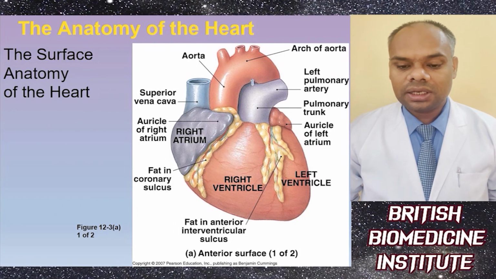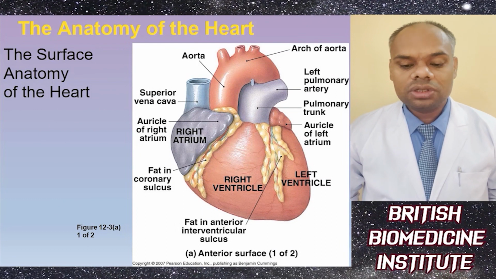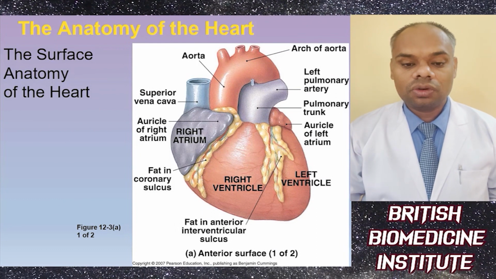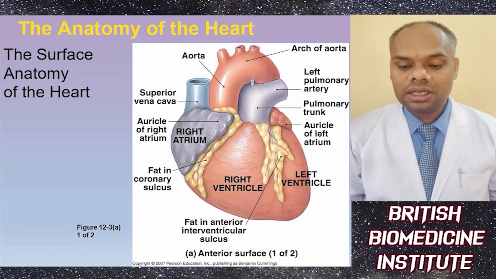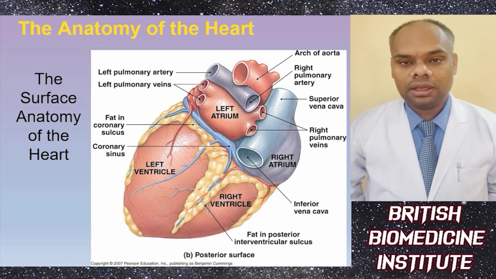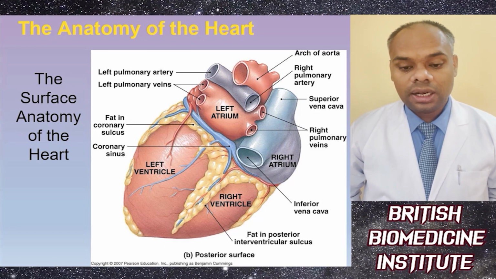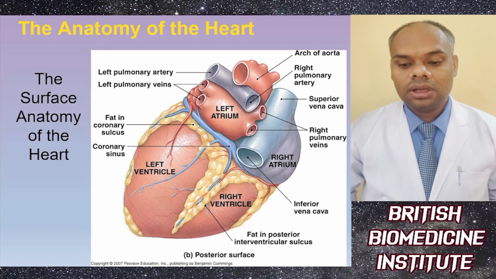This is the anterior surface of the heart, where the left ventricle, right ventricle, and right atrium are clearly visible. And this is the posterior surface, the backside, where we can see the right atrium, right ventricle, left ventricle, and left atrium.